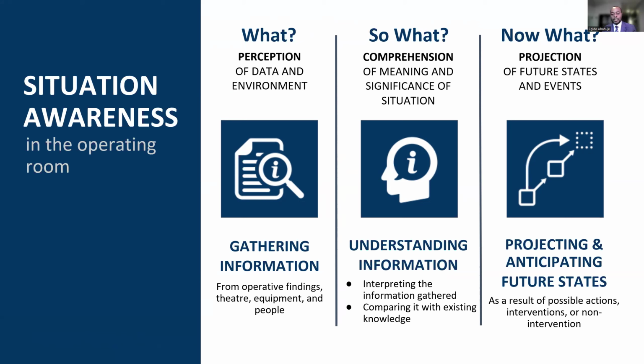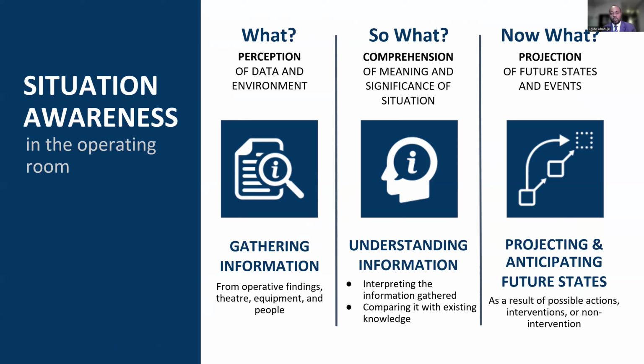And the information can be collected by talking to other people. For example, the surgeon asks the nurse if the equipment is available, or the surgeon asks the anesthetist if the patient is doing well or stable, or the anesthetist asks the surgeon how much blood the patient has lost, or whether the patient is losing much blood.